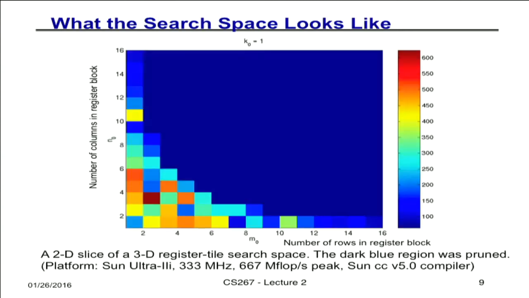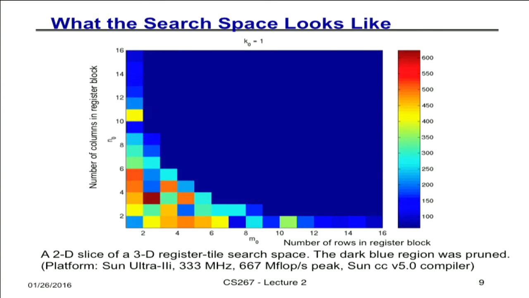Okay, so what does the search space look like if we're looking for that? Well, you already saw a little bit of the search space in that previous graph that had all these lines that said, well, if you just make the block size off by 1, you fall off a cliff. This is actually looking at, in some sense, a much simpler problem, which is register blocking. So what if I just want to figure out how big the register block should be?